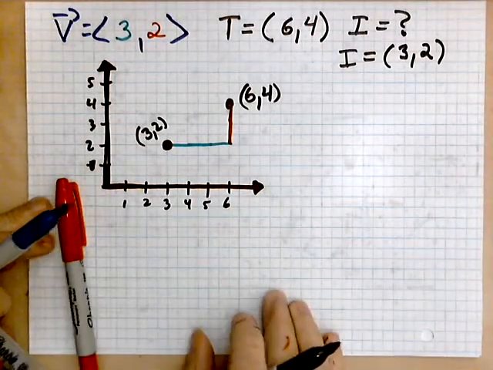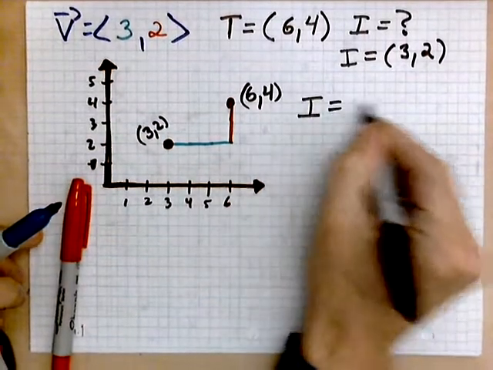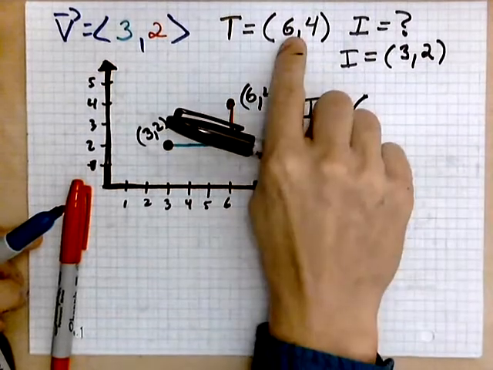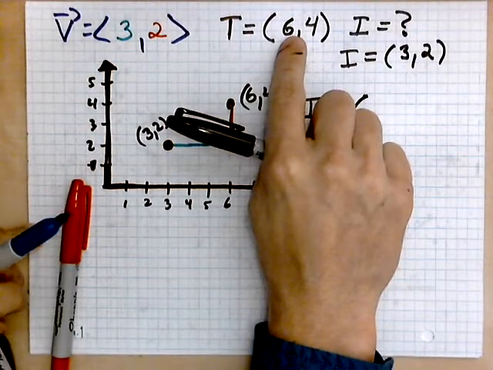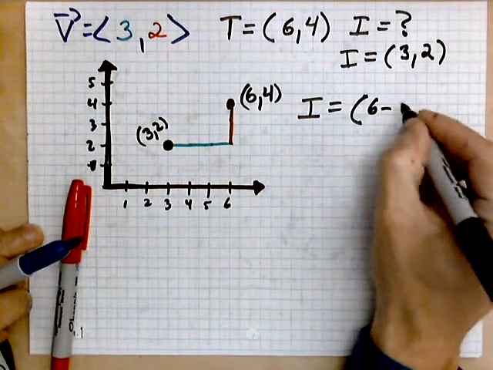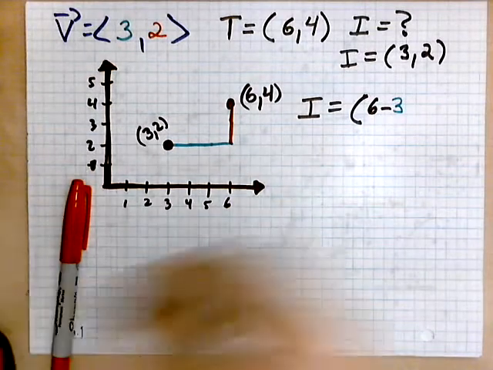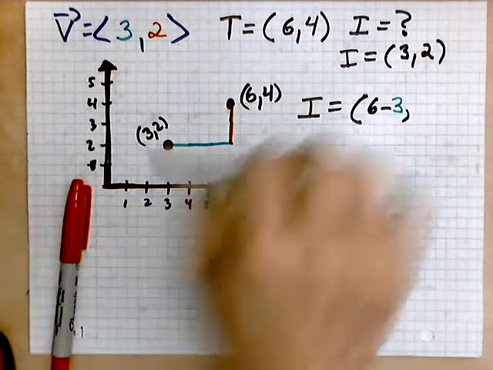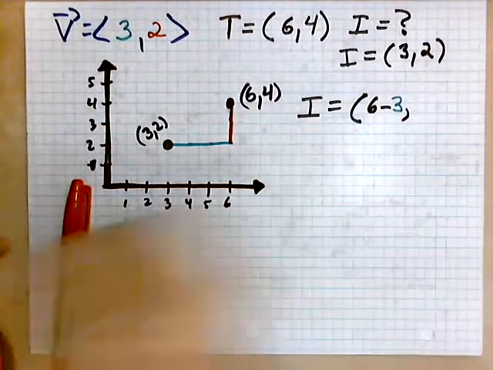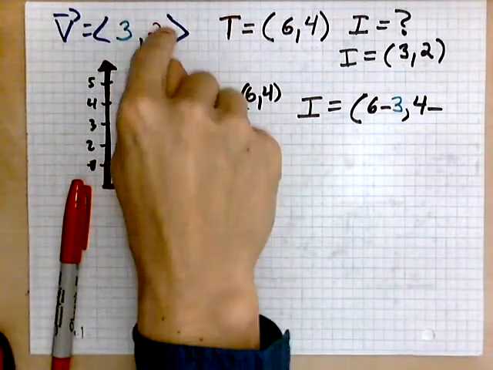Now, you want to be able to do this algebraically also, so if you want the initial point, simply do this. Take the terminal point x and subtract from it the component here, 3. So you have 6 minus 3, and then take the 4 from the terminal point and subtract from it the 2.